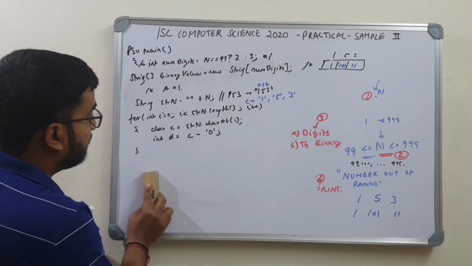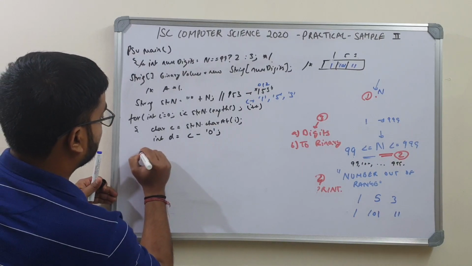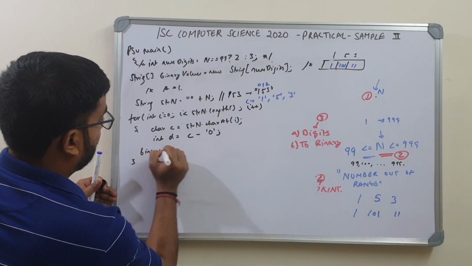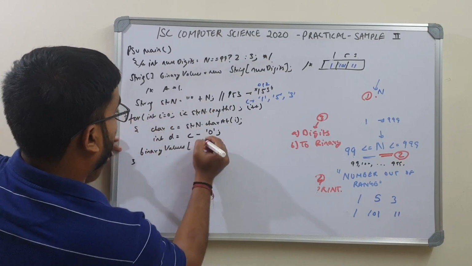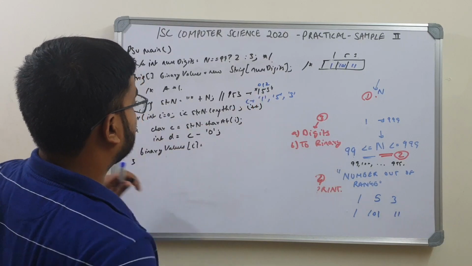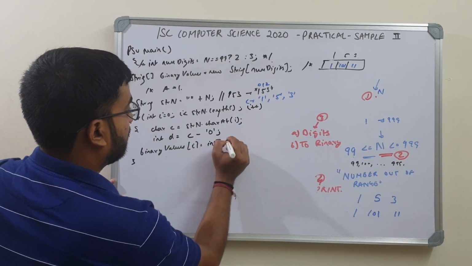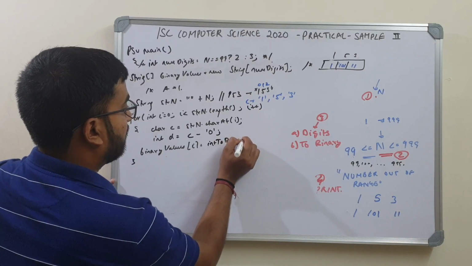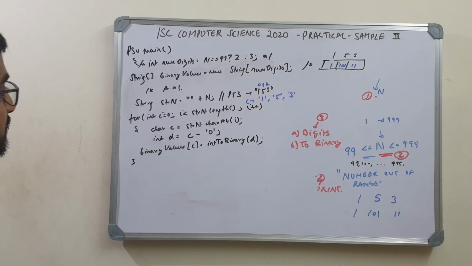Then we need to set the corresponding array location. I'm going to say binary values of i is equal to, for this particular digit, into binary, and you have to pass this digit d. Okay, this is one way.